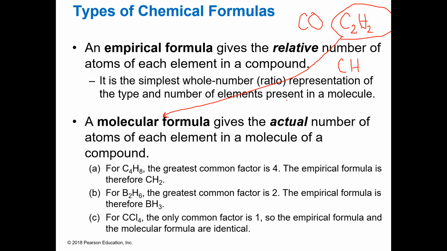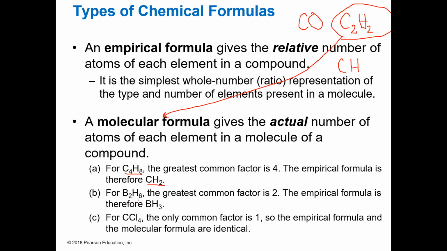The molecular formula gives the actual number of atoms of each element in the molecule. For example, let's look here, I have C4H8. That's not the simplest ratio. So this here is the molecular formula, but the empirical formula would be CH2. So divide each one by 4, that's your simplest ratio.